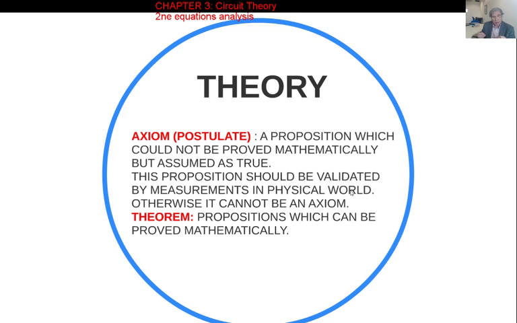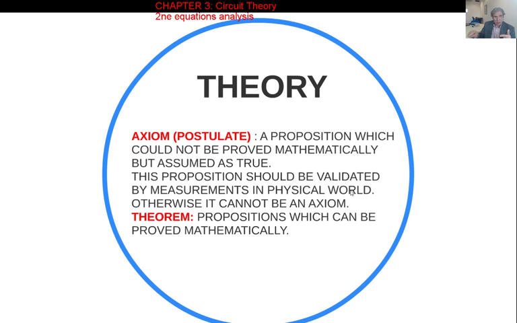It is critical. For example, in Euclid's plane geometry, one of the axioms is that there could be only one parallel to a given line from a node.